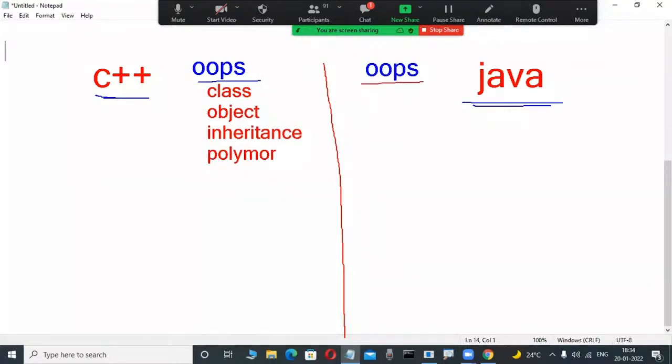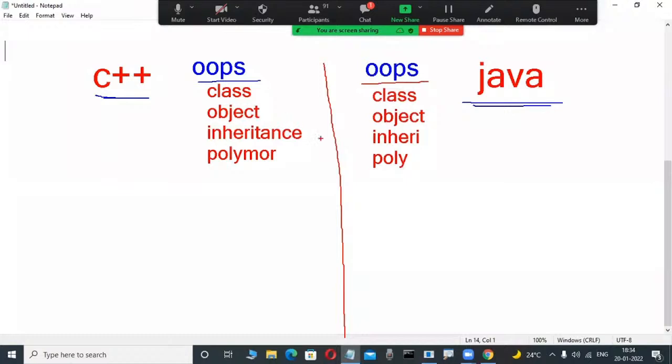Same here in Java also. OOPS concepts: what is a class, what is an object, what is inheritance, what is polymorphism? So many concepts are there. That's why conceptually class, object, inheritance, polymorphism are the same.